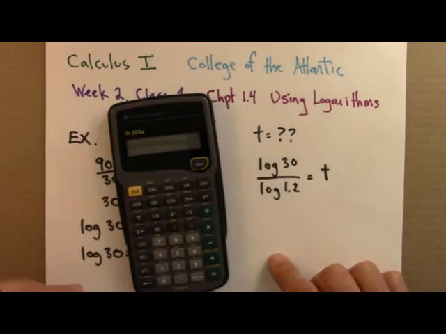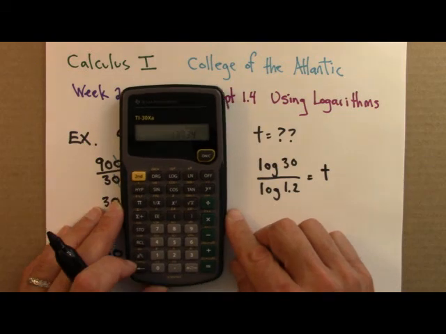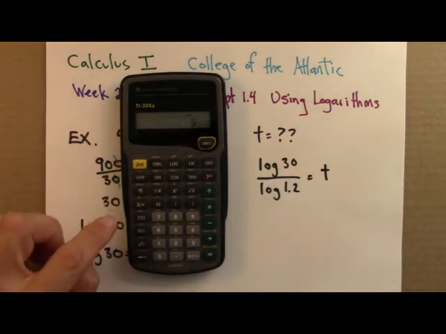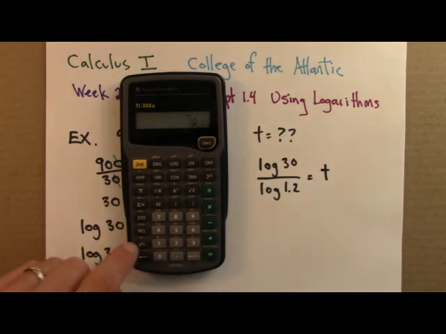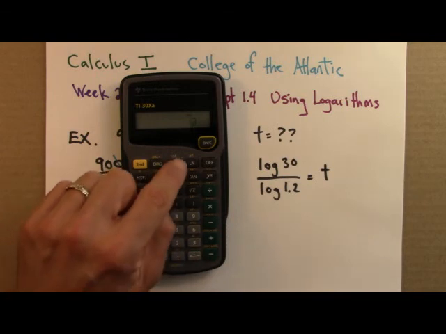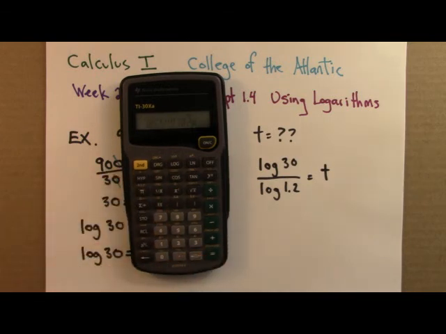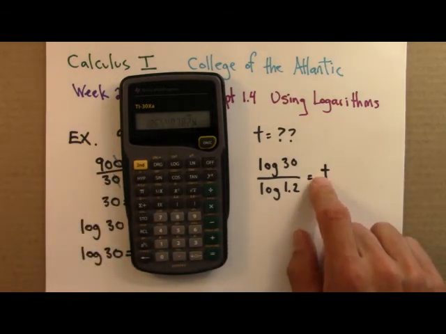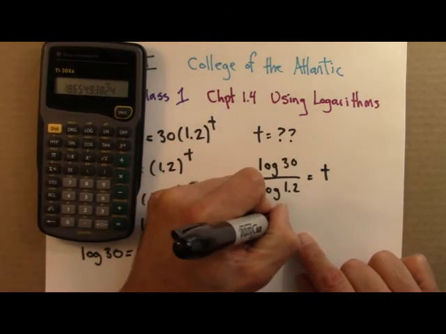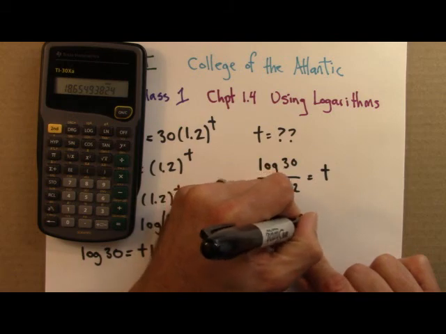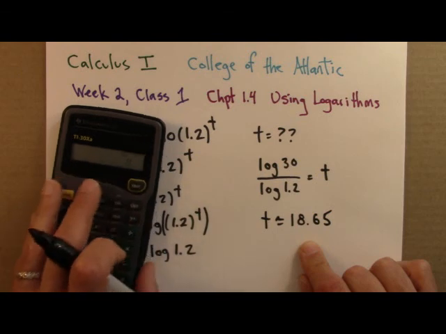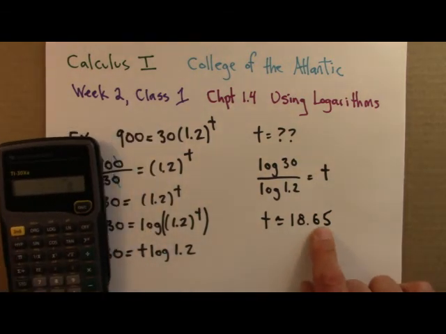So let's fire up the calculator. So log 30 divided by log 1.2 equals, so this says t is 18.65 approximately. And let's check to see if that's actually true.